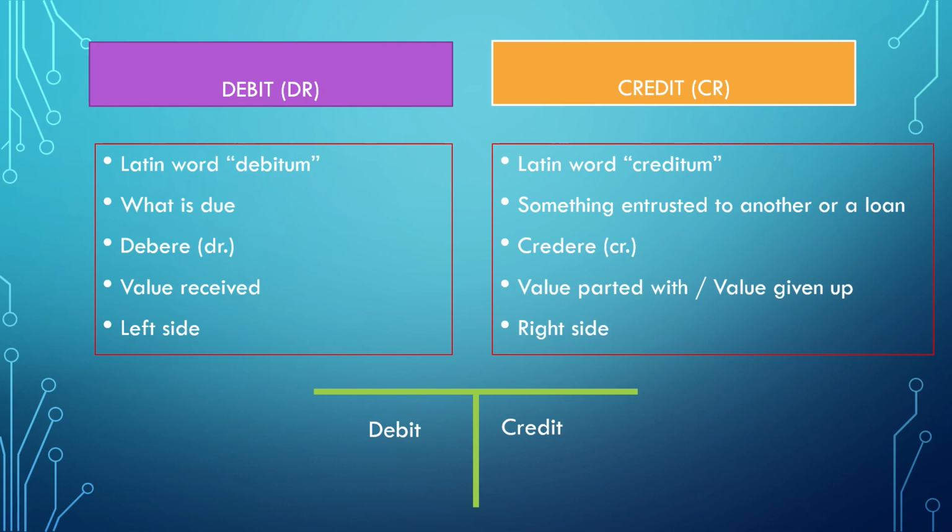But in some sources, it means debere. That's why its shortcut is DR. The shortcut for debit, we write DR, which means the value we receive, the value that the business receives. And to some, debit also means the left side.